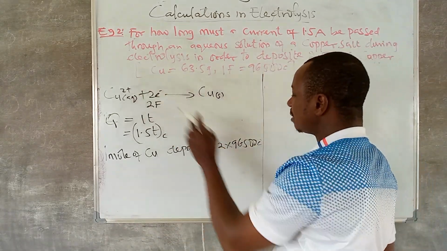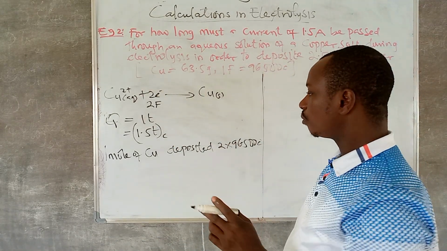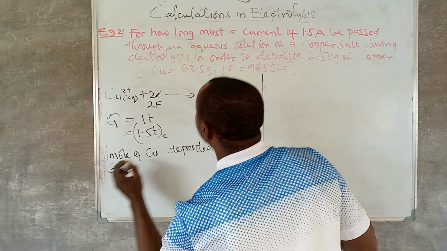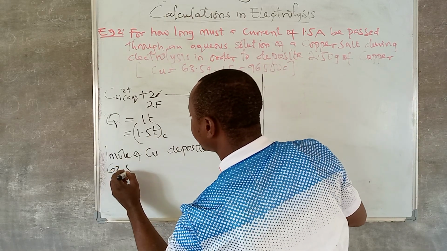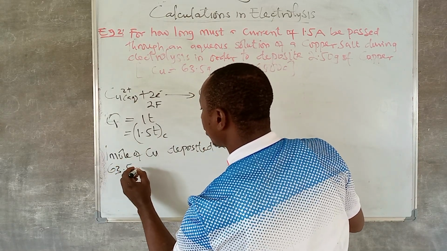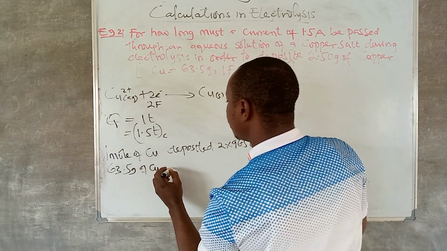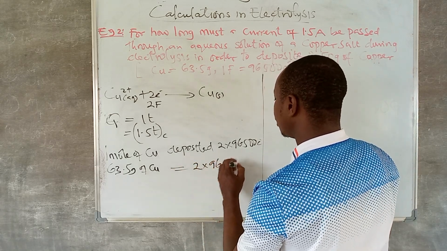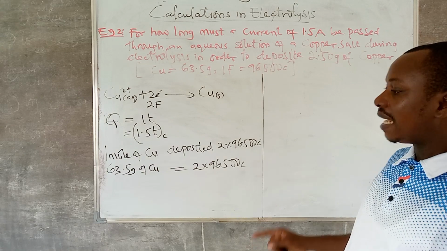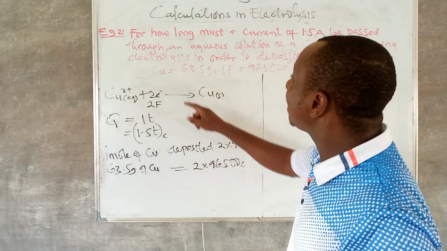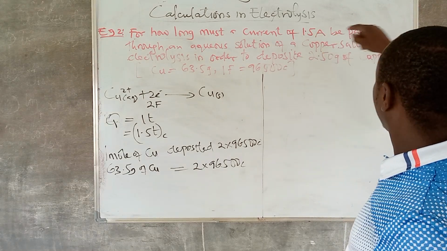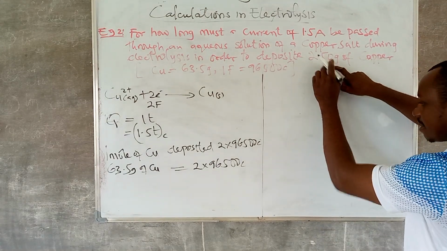While 2 Faradays now, 2 times that value. And don't forget that 1 mole of copper is 63.5 grams of copper deposited by 2 times 96500 coulomb.